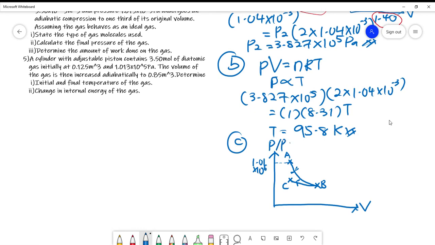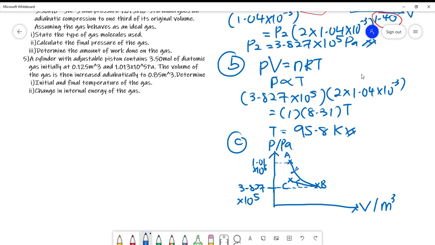This is Pascal, of course, and this is meter cube. This point B here is the lowest pressure. The lowest pressure that we get is 3.827 times 10 to the power of 5.